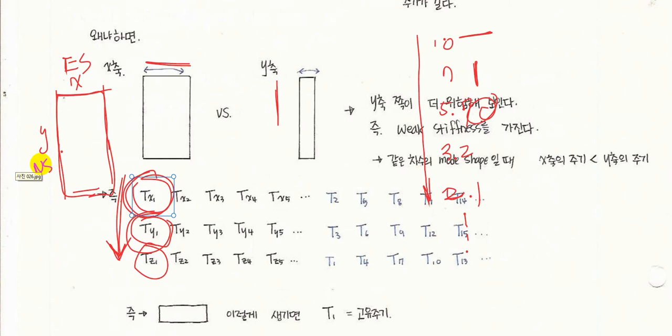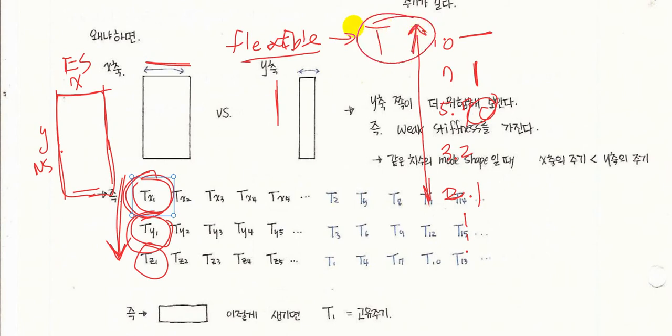Okay, we remember that the more flexible the structure, the longer the period, right? The flexible structure will give you the longer period, and the stiff structure will give you a short period. We know that, right?